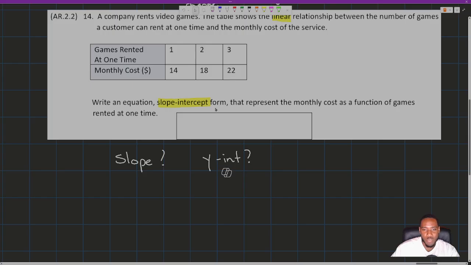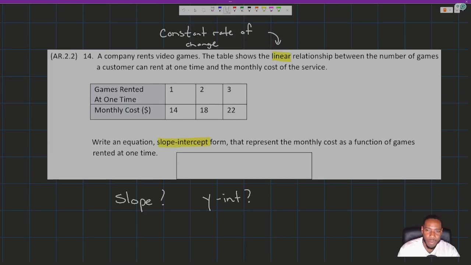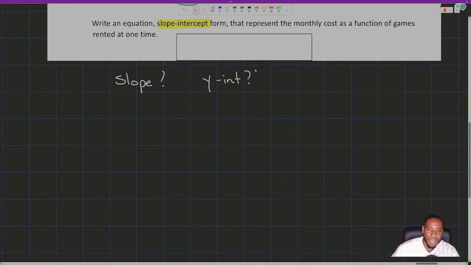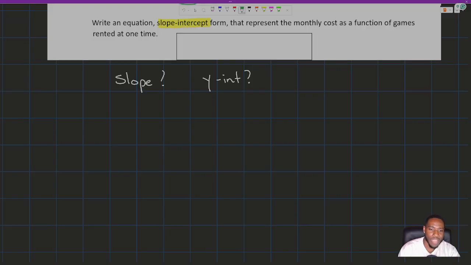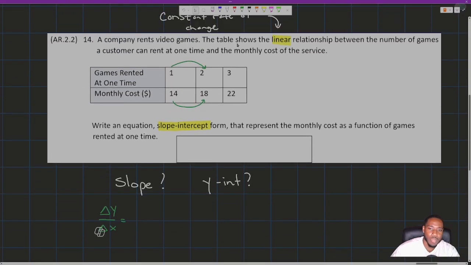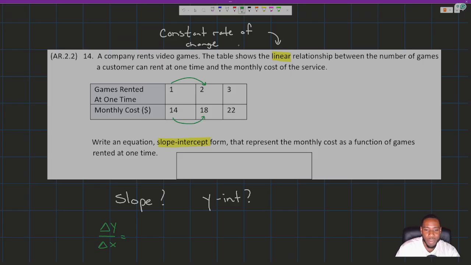Now slope, as we decided before, was easy enough, right? All we got to do is track the y values, which in this case are on the bottom, over the x values. Because remember, slope is a conversation about rise over run, change in y over change in x. Our change in y at the bottom here is a change of 4. And our change in x is a change of 1.